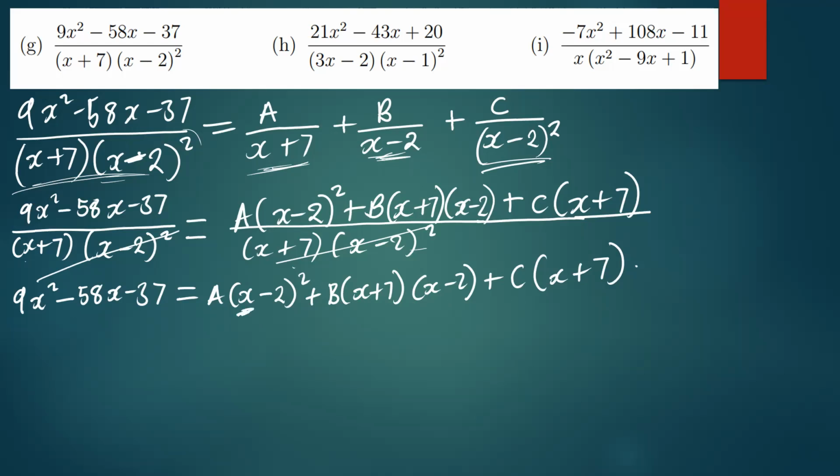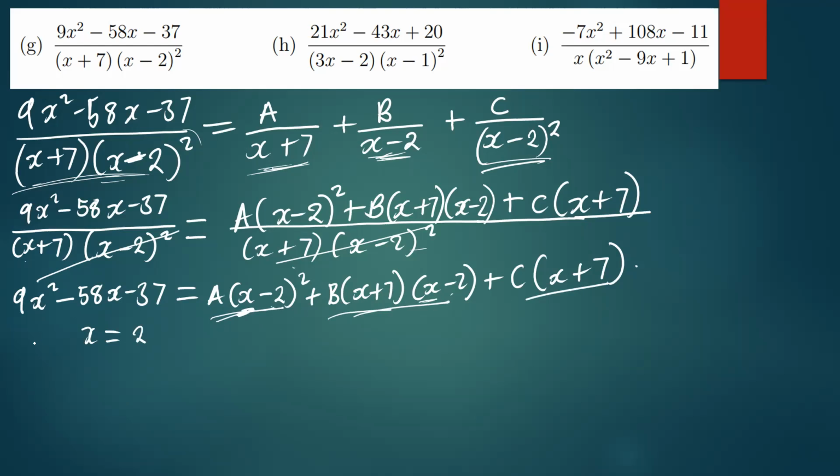If I put 2 there, I'm going to have 2 minus 2, that will be 0. 0 times a means that this whole part will be 0. But if I put 2 there, this will also be 2 minus 2, which is 0. 0 times everything there will be 0. So if I take x to be 2, this part and that part will be zeros. We'll just remain with this expression.